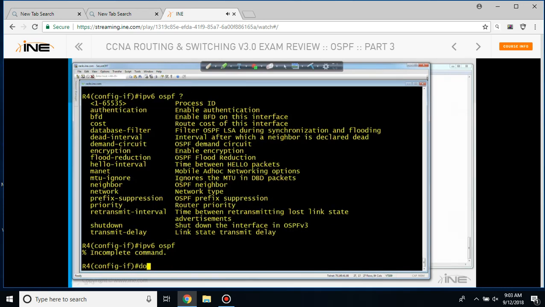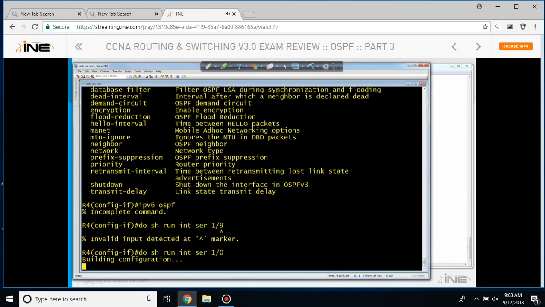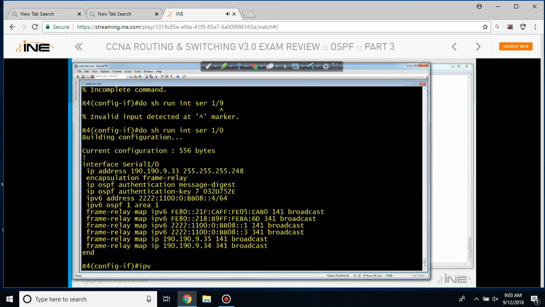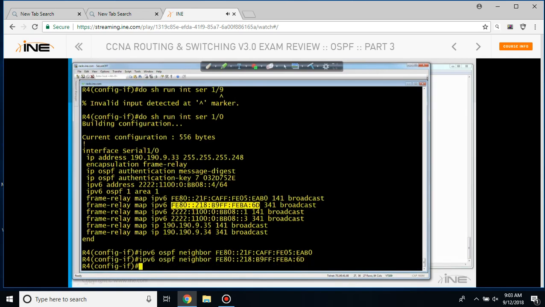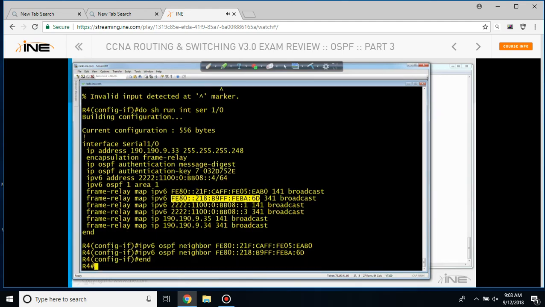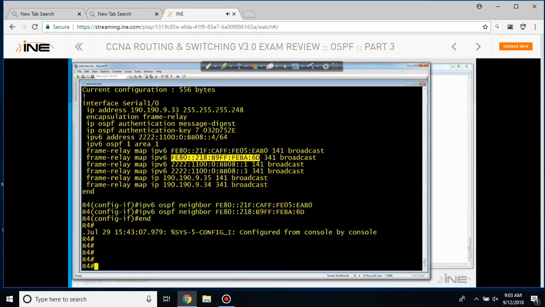So let's go ahead and do that. Show run interface serial 1/0. Okay, IPv6 OSPF neighbor, and I want you to talk to this guy. And I want you to talk to this guy. Now with IPv4, just configuring it on router 4 was enough for us to form a neighbor relationship with routers 1 and 3.